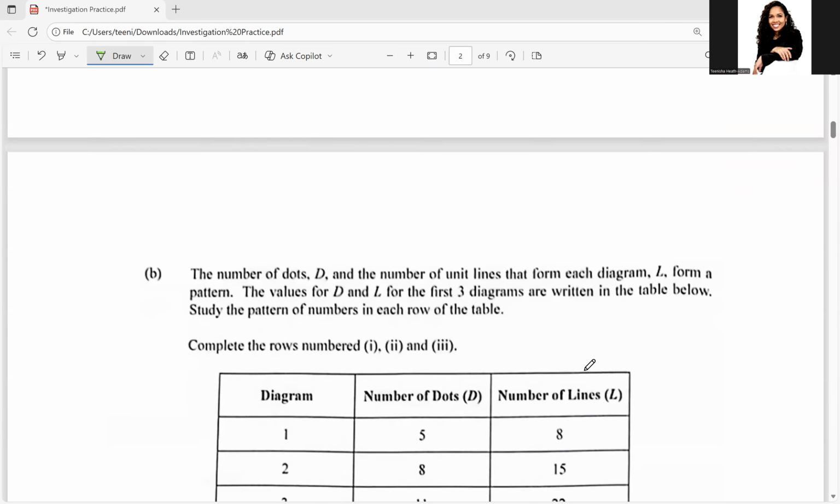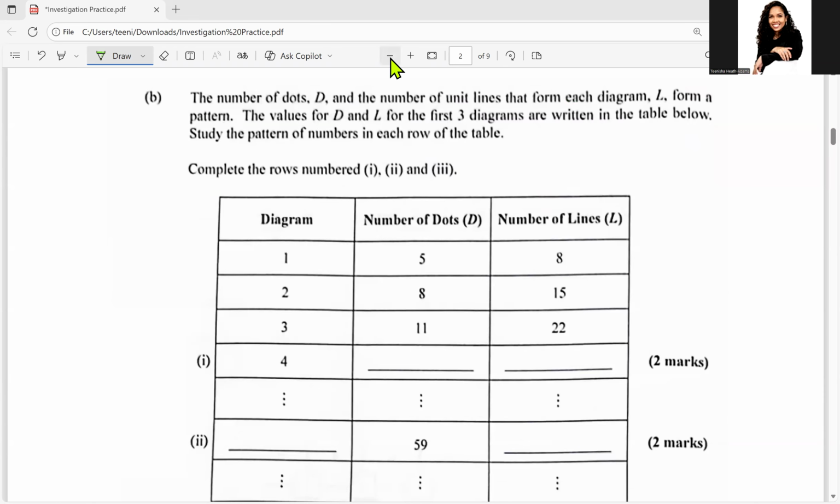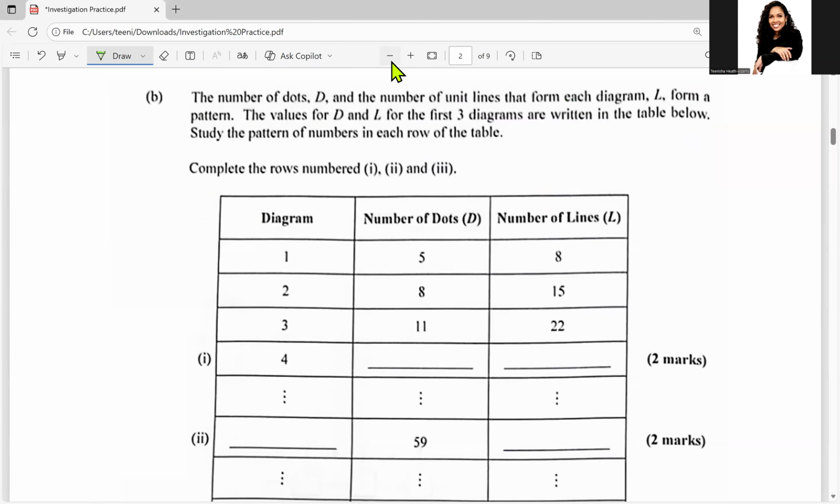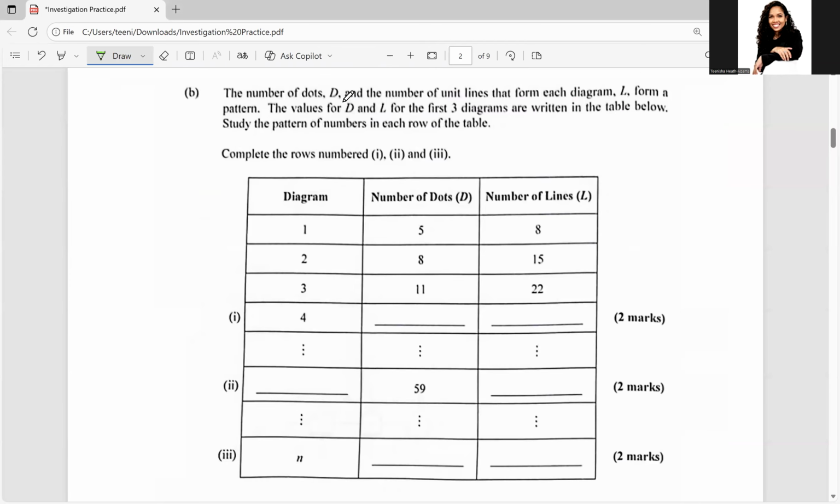Now, this is the part that students seem to falter with, right? The number of dots, D, and the number of unit lines that form each diagram, L, form a pattern. The values for D and L for the first 3 diagrams are written in the table below. Study the pattern of numbers in each row of the table and then complete the rows numbered 1, 2, and 3.